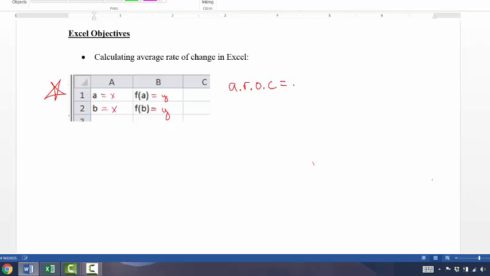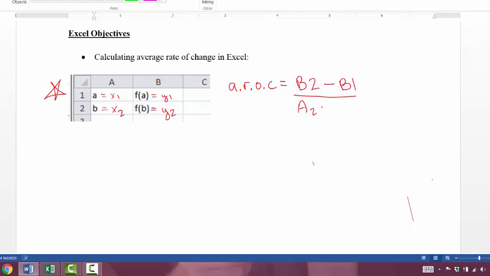To calculate that, we need to take this y2 minus y1. So that would be cell B2 minus cell B1. And we need to divide it by x2 minus x1. So that's cell A2 minus A1.